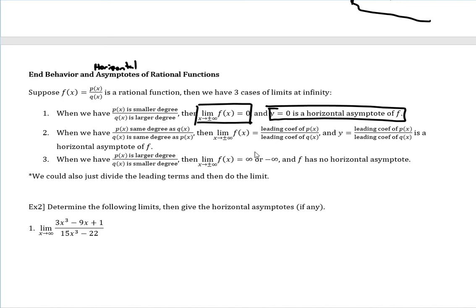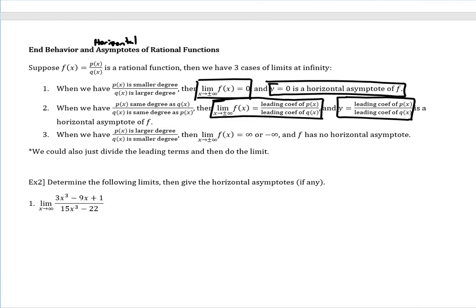Our second case is when they are the same degree. So remember, the degree is just looking at the biggest power in your polynomial. Okay, so the degree, if they are the same, then all we do is take our leading coefficients and divide them, which means our y is those leading coefficients also divided as a horizontal asymptote.